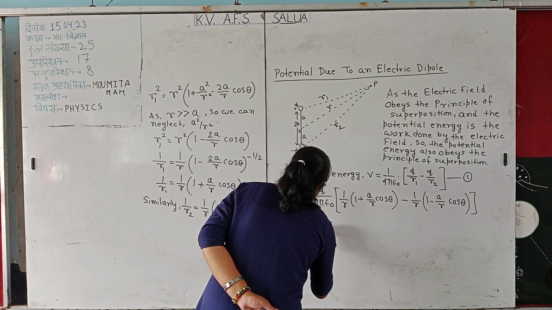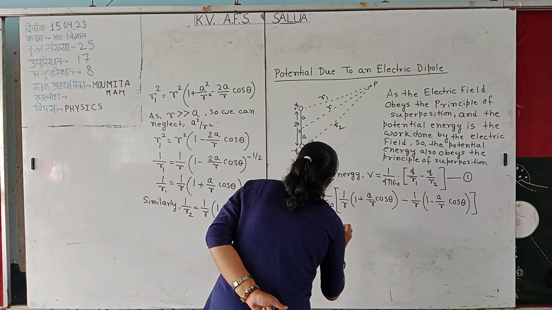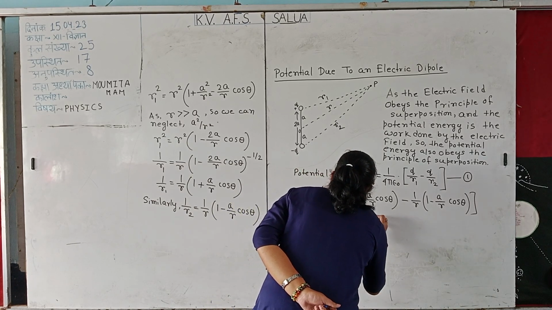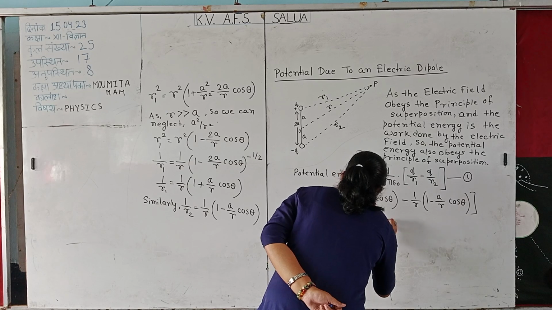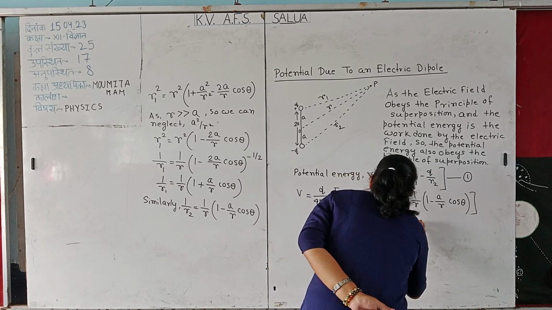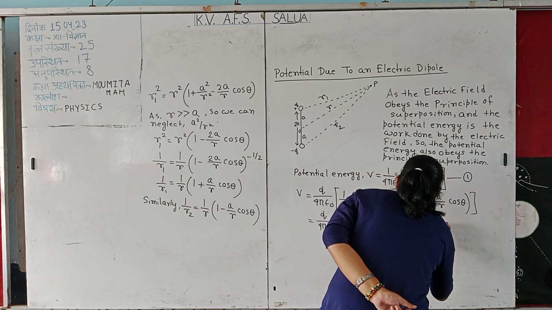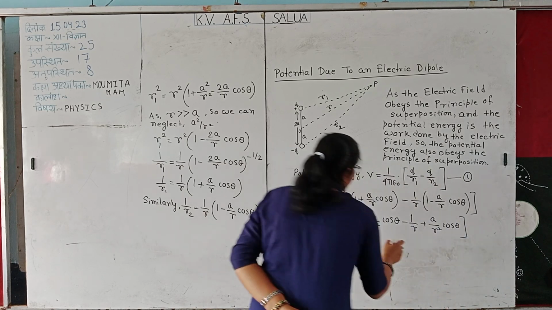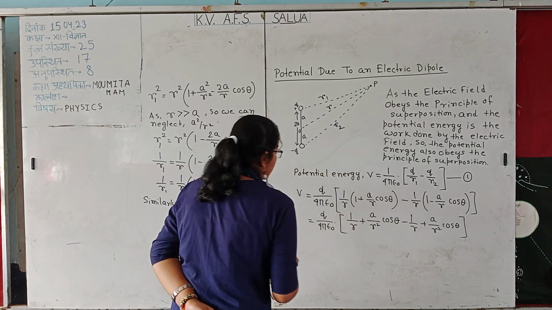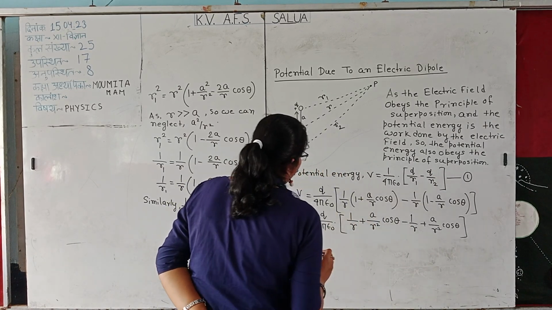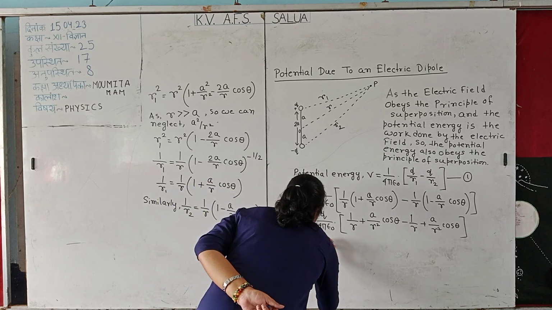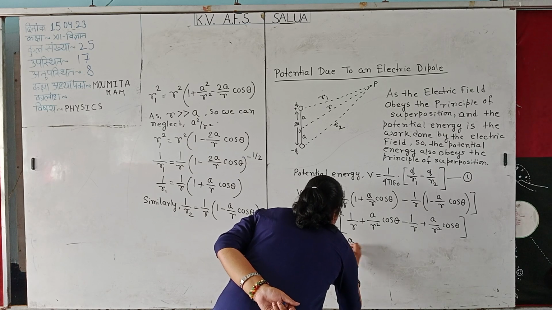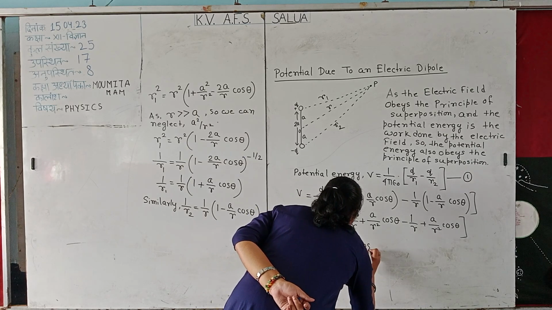After simplifying, we can write q by 4 pi epsilon naught into 1 by r plus a by r square cos theta, minus 1 by r minus a by r square cos theta. Now you can cancel 1 by r and 1 by r, so your final expression will be q by 4 pi epsilon naught into twice a by r square cos theta.